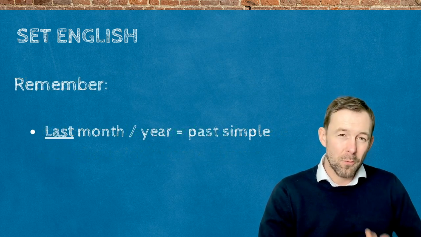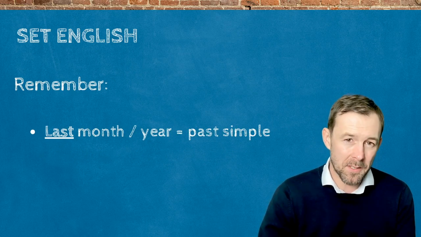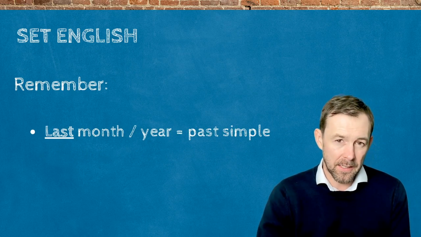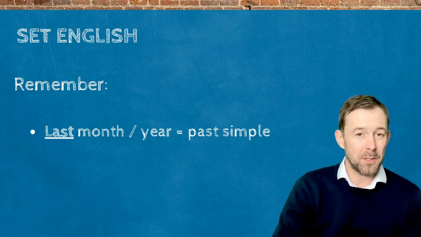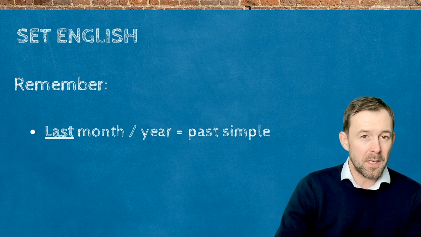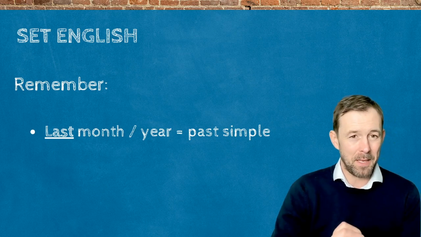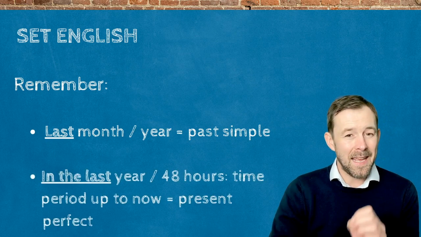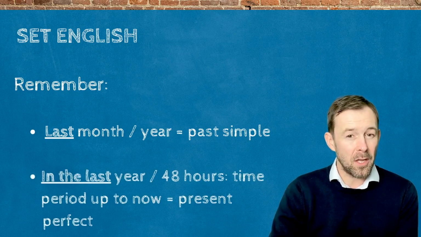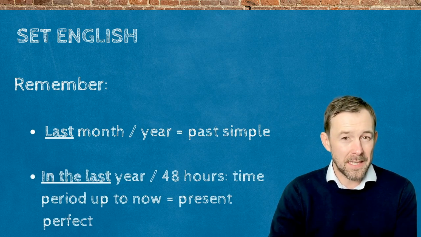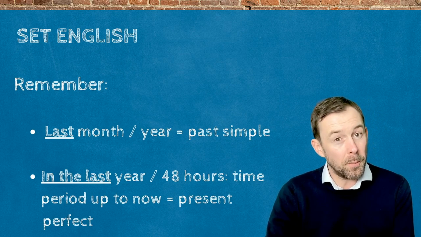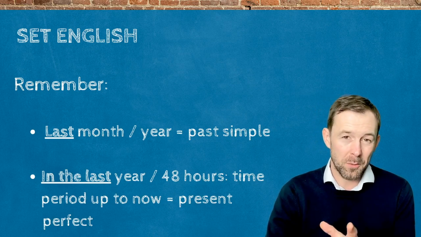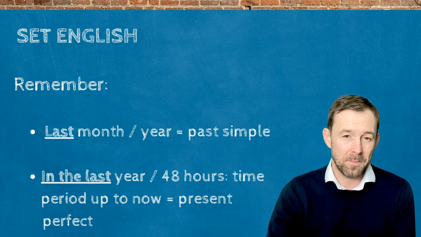Okay, so remember that last month and last year, they're past simple because they are time periods or time moments that have finished, their specific times in the past. But in the last year, in the last 48 hours, that's a time period that's open from the past up to now. And for that, we would use the present perfect.